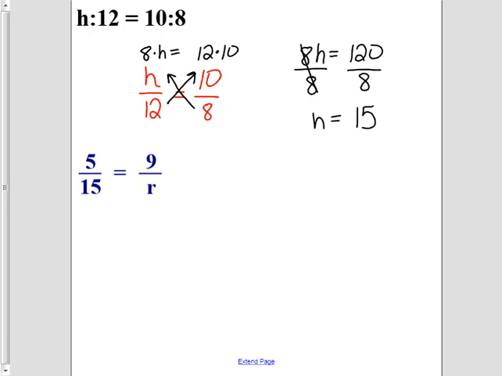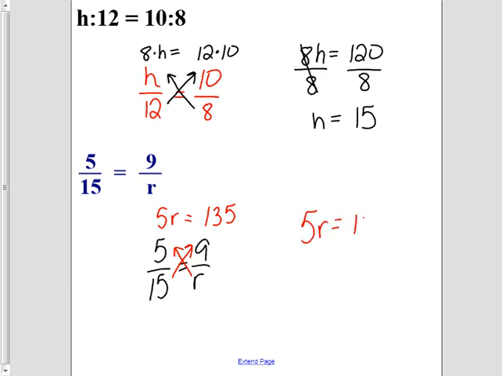And my next one, a ratio of 5 to 15 is equal to a ratio of 9 to R. Again, I don't really see a way to multiply 5 by a whole number to get 9. So I am going to use my cross products. And when I do that, I'm going to need to do 15 times 9, which is 135. And then I'm going to need to do 5 times R. So we're going to get 5R equals 135.